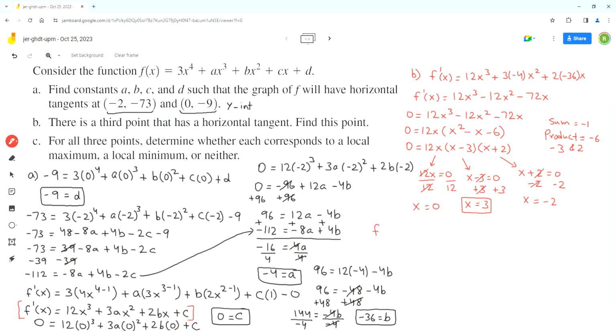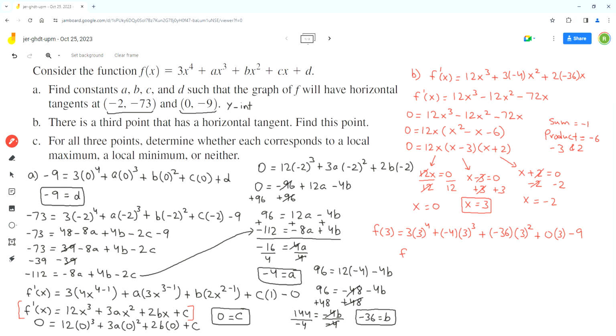So f at 3 equals 3 times 3 exponent 4 plus a, and we got the a value as negative 4, so negative 4 times 3 exponent 3, and then plus, we got the b value as negative 36 times 3 squared, and then plus, we got c equals 0 times 3 and d is negative 9.